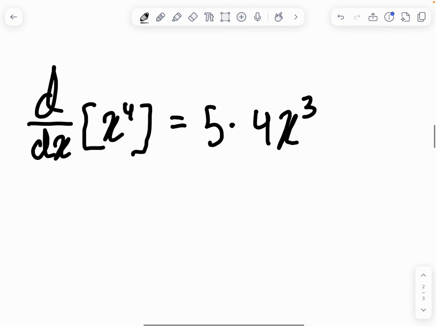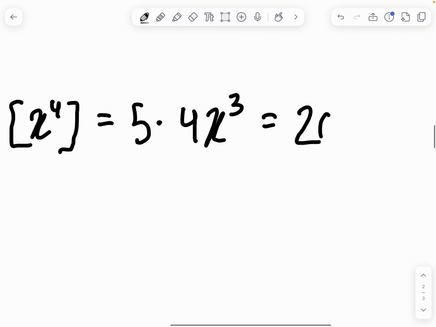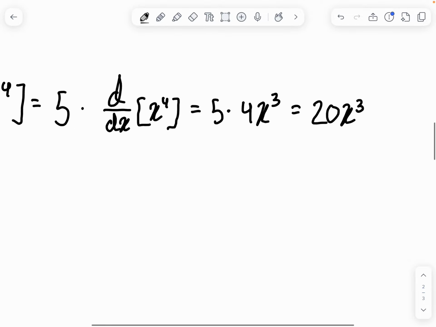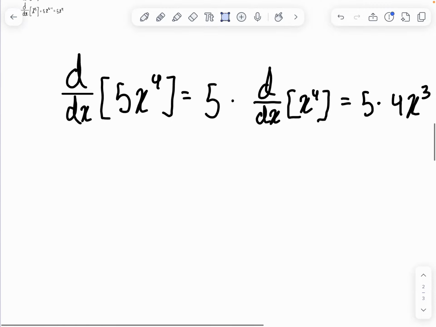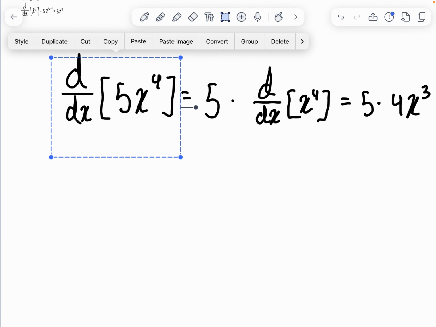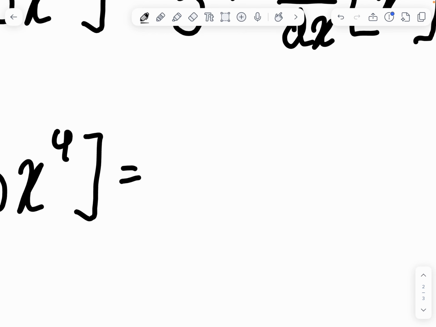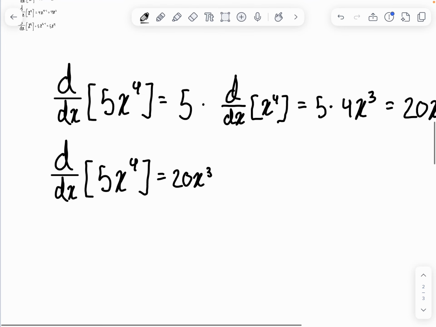So this ends up equaling 20x cubed. Okay, and so the answer to this question is 20x cubed. And that is our final answer.